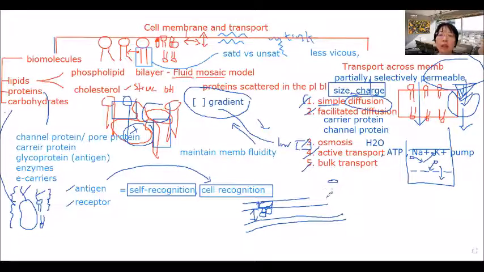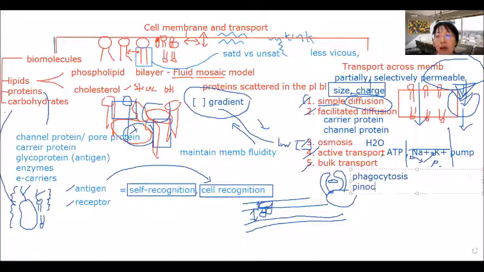It means the cell will move towards the bacteria and then engulf it with the pseudopodia, right? So this is called bulk transport. Bulk transport is when you take a huge quantity of material or large particles into the cell, either by phagocytosis or pinocytosis.